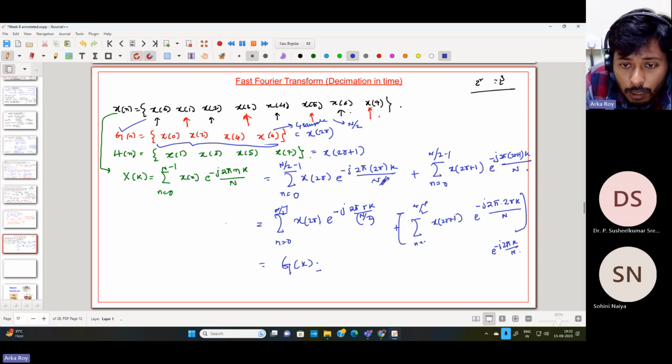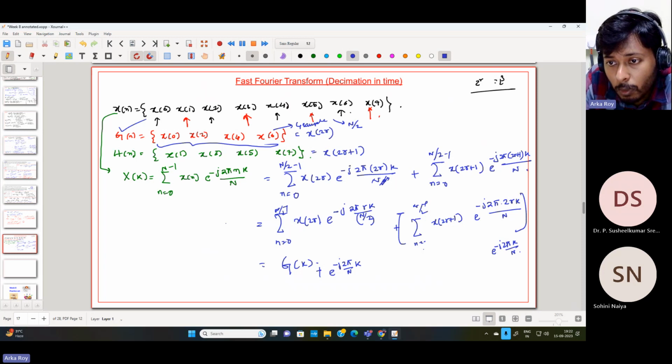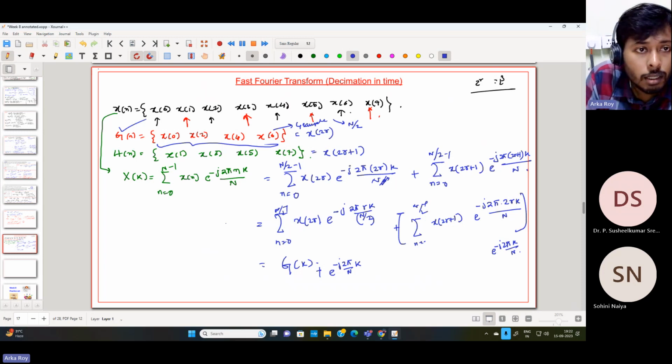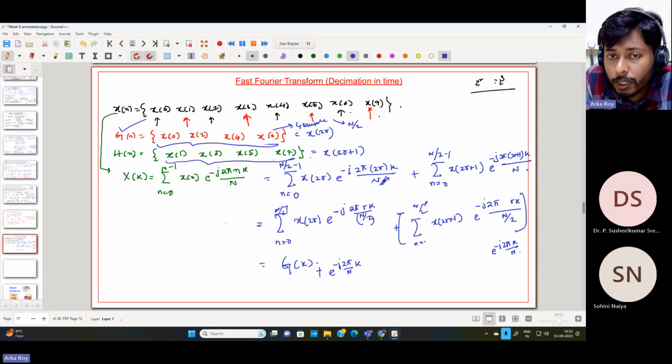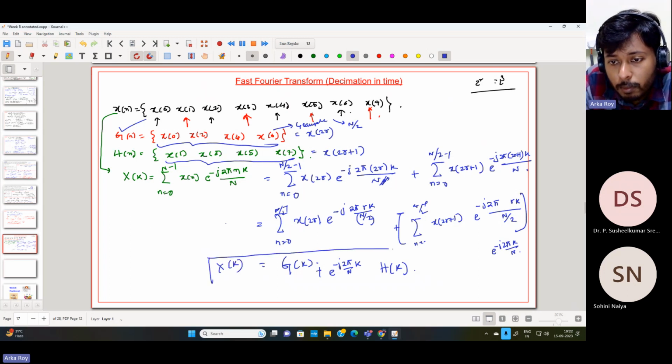So I can write it as e to the power minus j 2 pi n multiplied with k, and if I take this 2 in the denominator, it would be n by 2, and again I'm doing the n by 2 point DFT over here also. So this is basically h of k. So X of k, I can write it in this particular way.